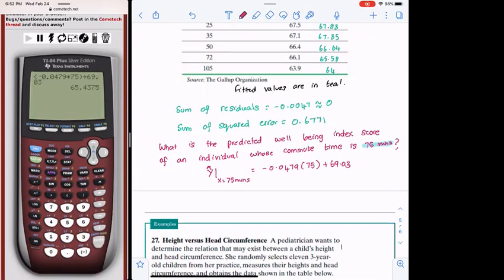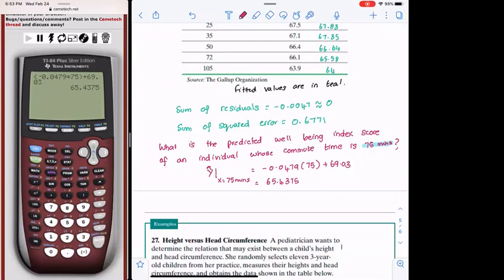And that happens to be 65.4375. That's pretty straightforward. And the key thing to remember is that the value we find for Y hat when X is equal to 75 has to lie between the values for X equal to 72 and 105.